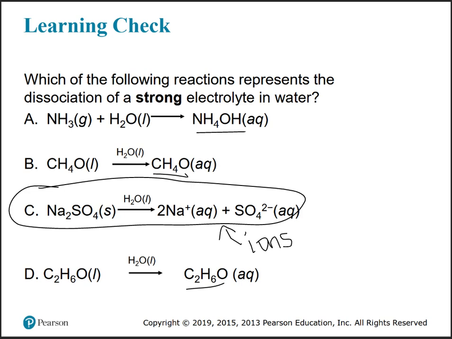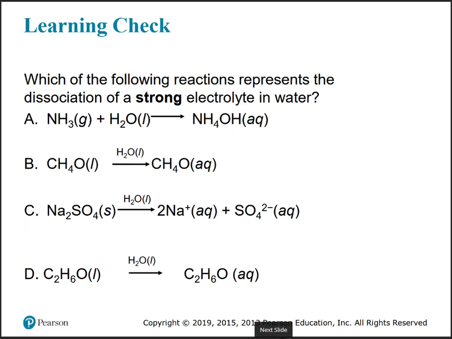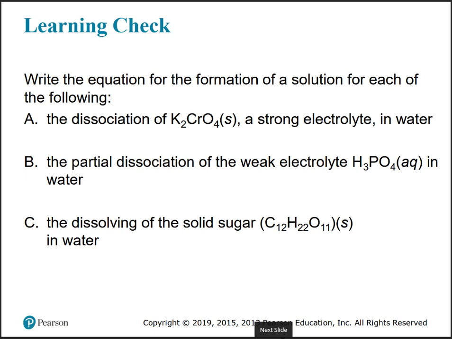You'll need to be able to also write examples. So in this next one, write the equation for the formation of a solution for each of the following. We've done a lot of the strong electrolytes, so what I want to focus on is B and C. We'll start with B, writing an equation for the formation of a solution with the weak electrolyte phosphoric acid in water.